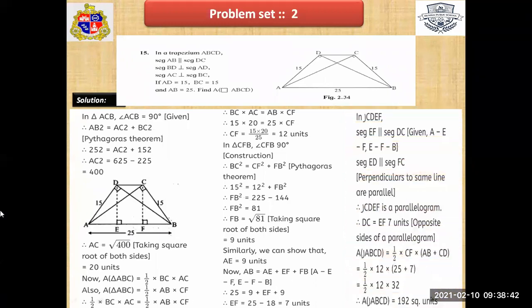EF is equal to 7 units. As we know, the area of a trapezium is equal to half into the sum of the parallel sides into height. We get the height value, that is CF, and we have to find the sum of the parallel sides. AB is equal to 25, then we find the value of CD.